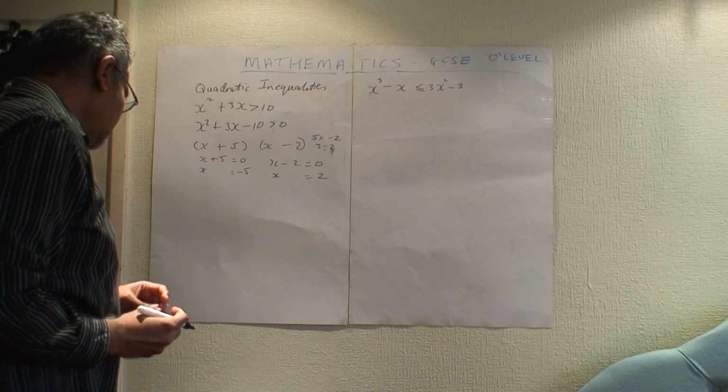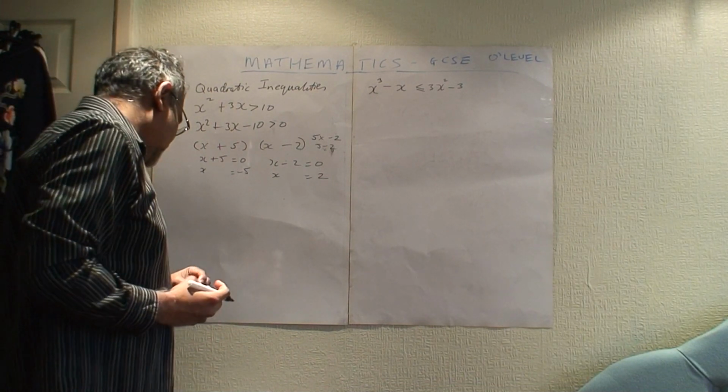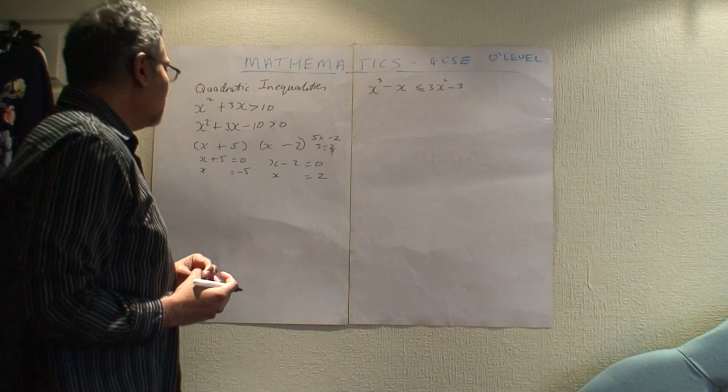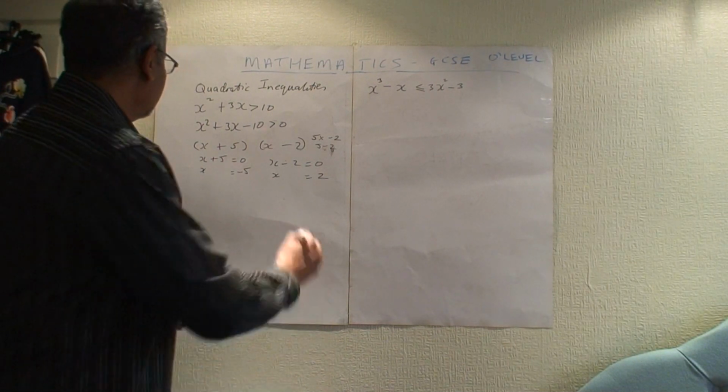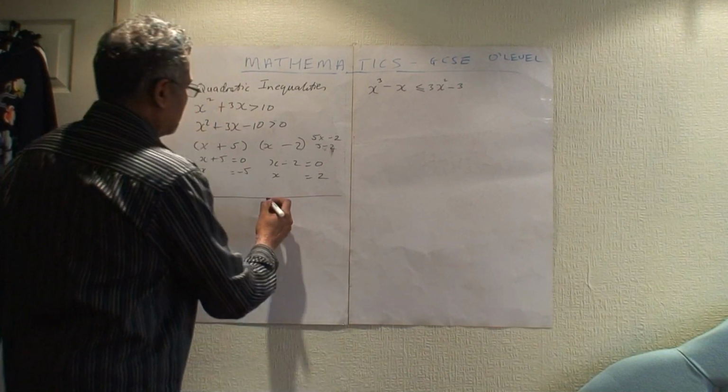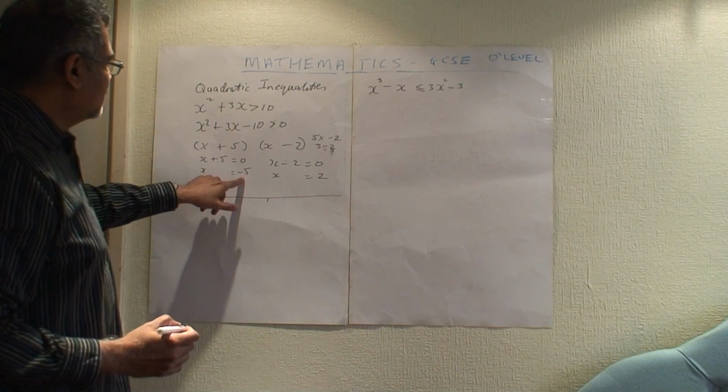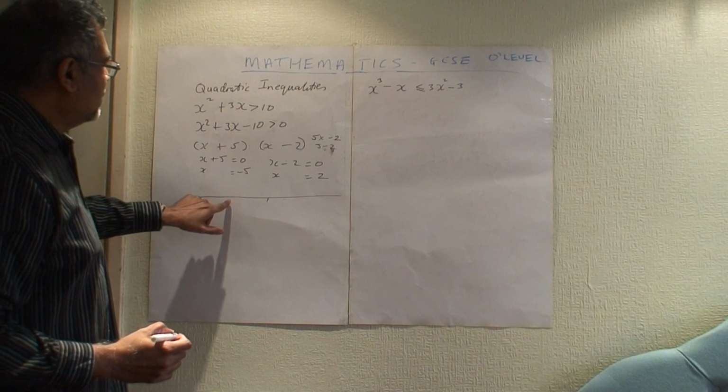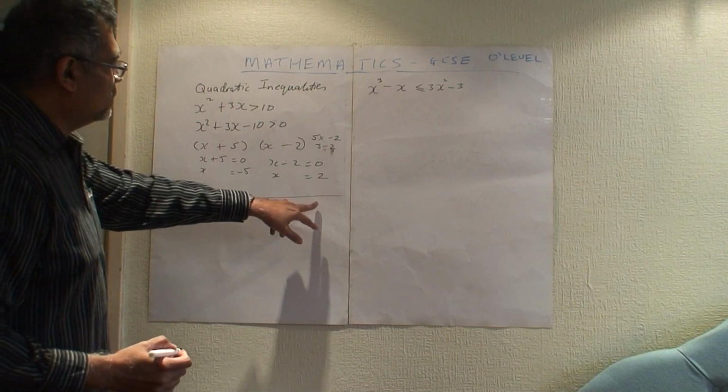Now we can represent that on the number line. So we have the number line here. We know x is minus 5 and x is 2.